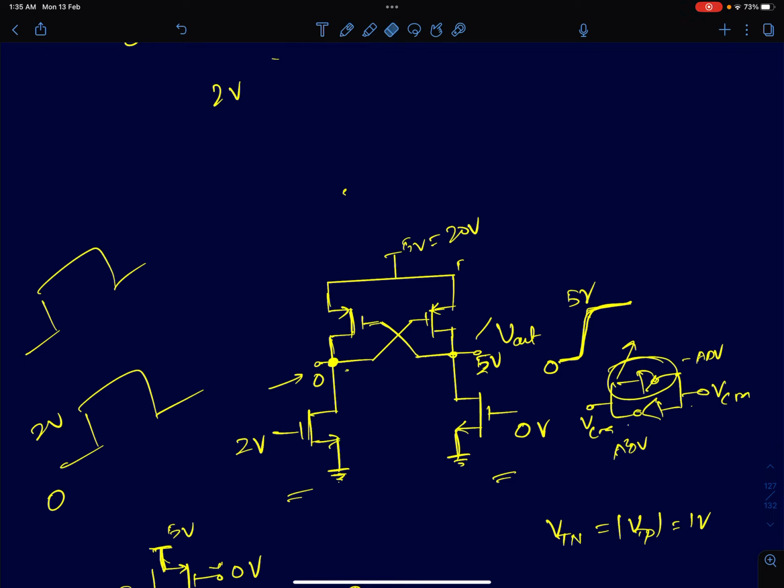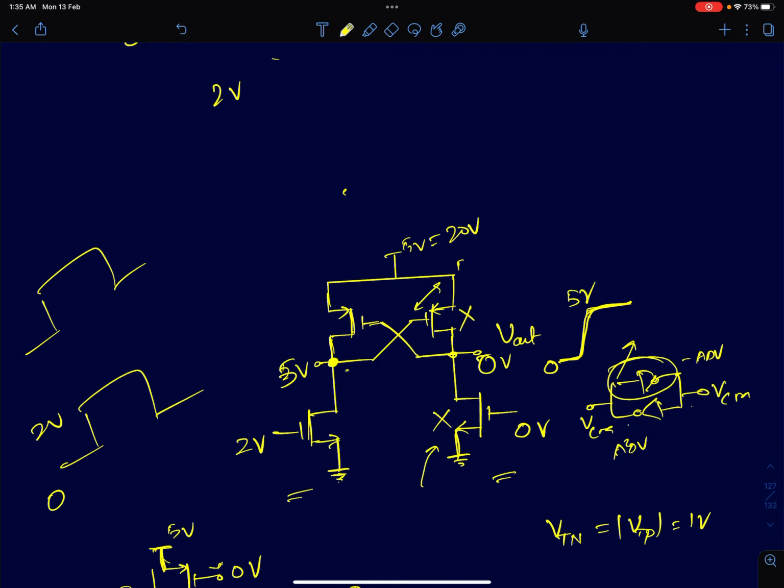Initially, this node here is at 5 volts and this node here is at 0 volts. Immediately we can see this NMOS is cut off, and this PMOS is also cut off, since its VGS is 0, so both these devices are cut off.